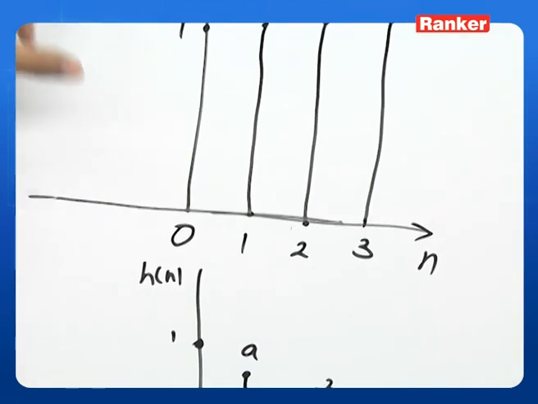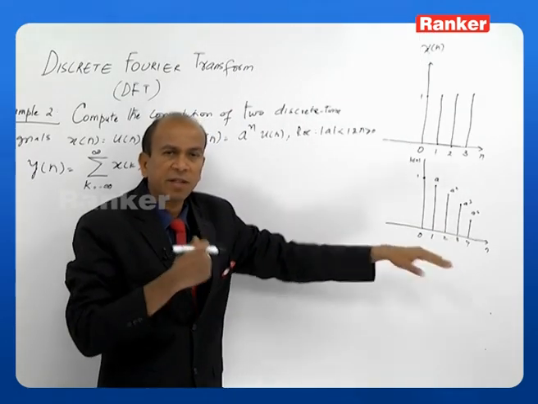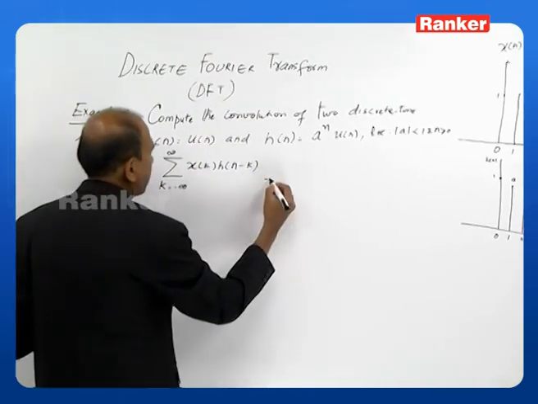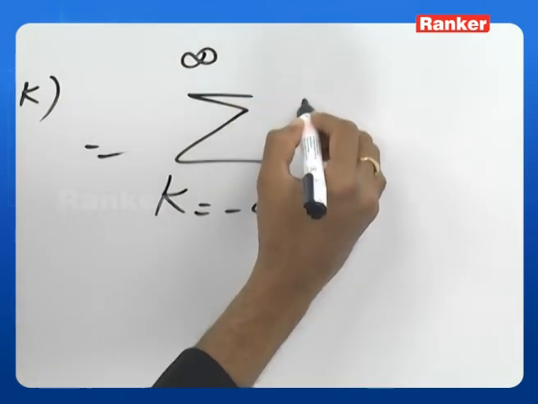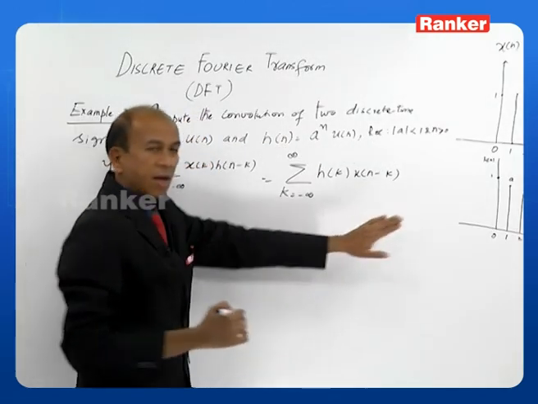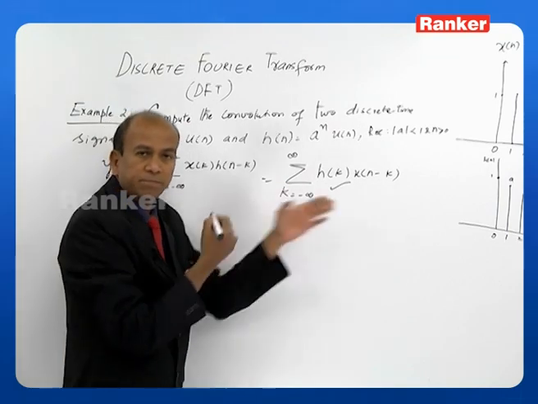Also x of n is given as u of n and h of n is this. So if h of n is the input, then h of n will be convolved with x of n. So I can also write this as the summation k equal to minus infinity to plus infinity of h of k and x of n minus k. So let us take this form and do this problem.